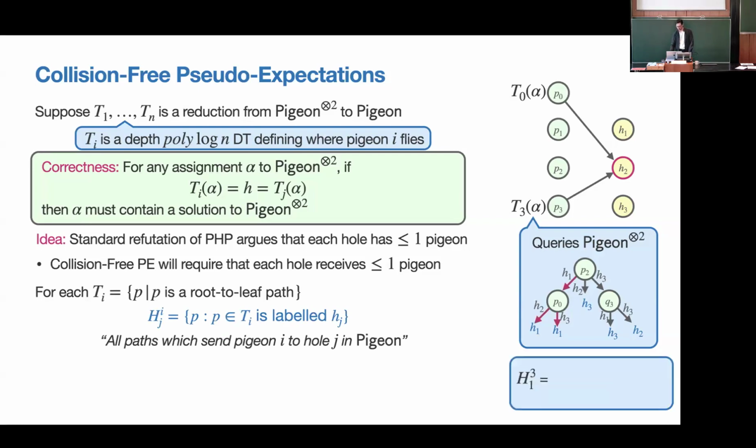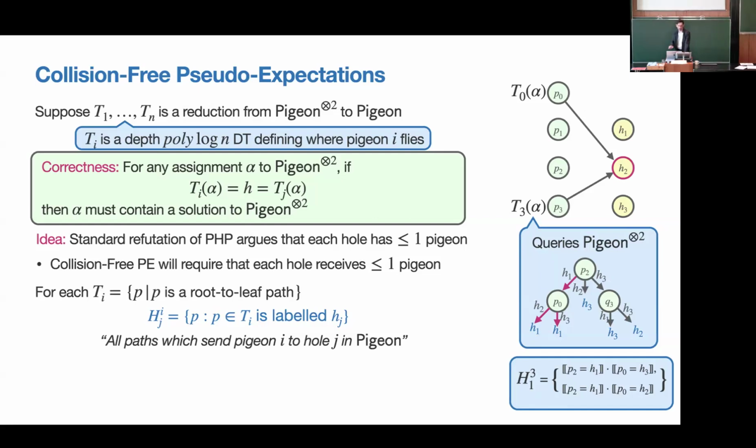This is the H_ij set. Here H_31 for this decision tree tells us where pigeon 3 maps, and the 1 is asking about all paths which map it to hole 1. So we get these two paths, the two paths in red.